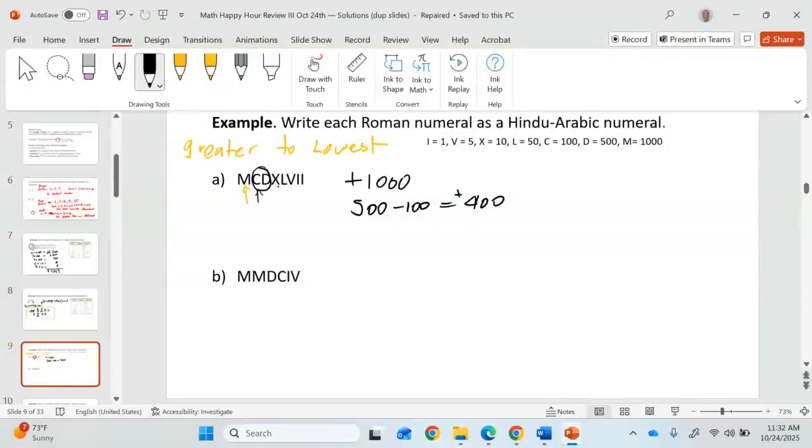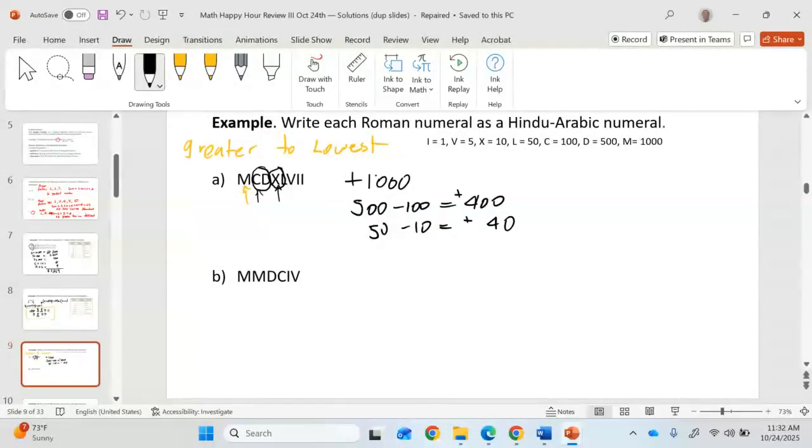Then I move on to the X, and I look at the one on the right, which is an L. Once again, instead of going to a lower value, it's a bigger value, because X is 10 and L is 50. So this means I'm going to subtract them. Together, they're going to make one block, and it's going to be 50 minus 10, which is 40.